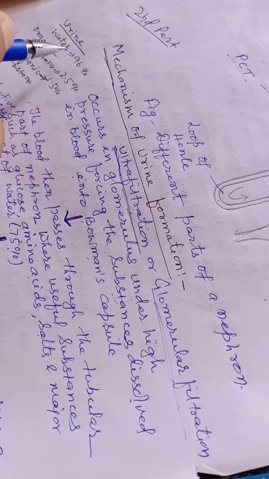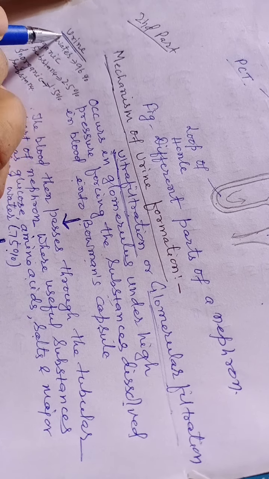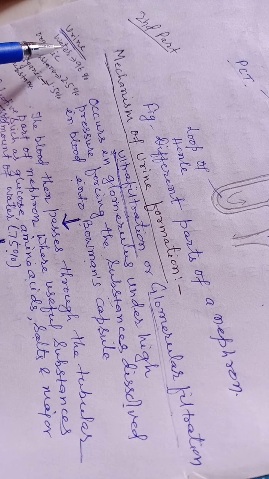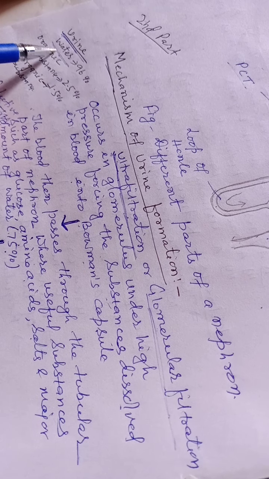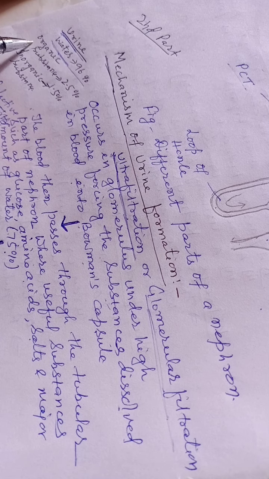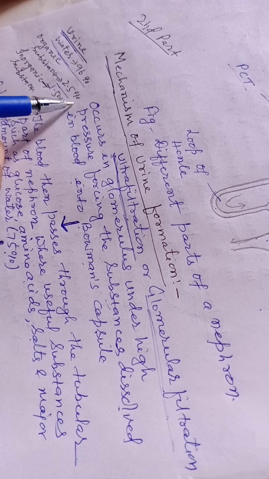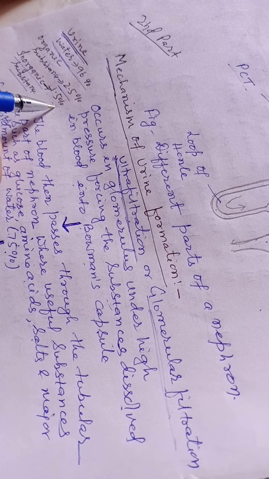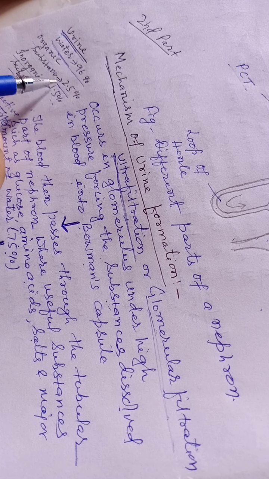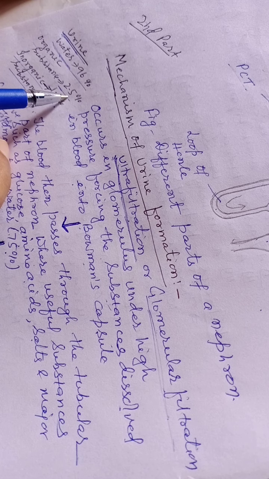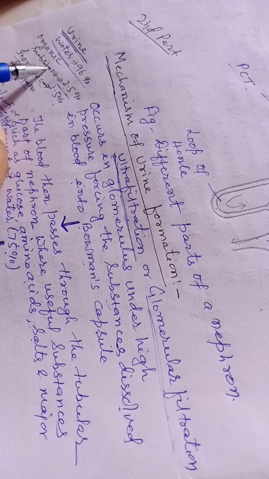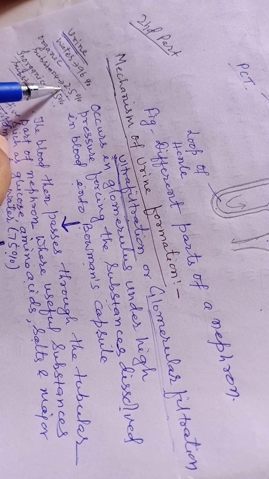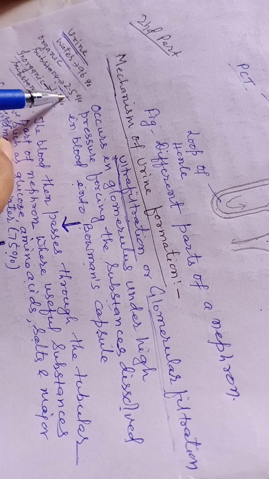Now you must know the composition of urine. Urine consists of mainly water 96%, organic substance 2.5%, inorganic substance 1.5%. Creatine and other substances, urea, uric acid, these are the organic substances.